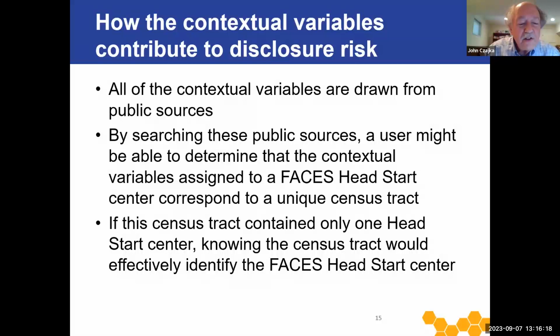So by searching these public sources, a user might be able to determine that the contextual variables assigned to a particular FACES Head Start center correspond to a unique census tract. That is, there might be only one census tract in the entire United States that includes this combination of characteristics. And if this census tract contained only one Head Start center, then knowing the census tract would effectively identify the FACES Head Start center.